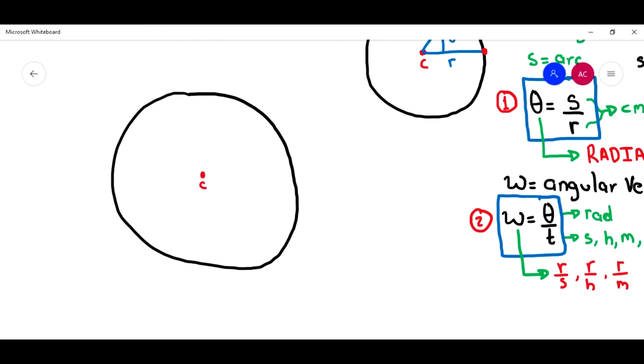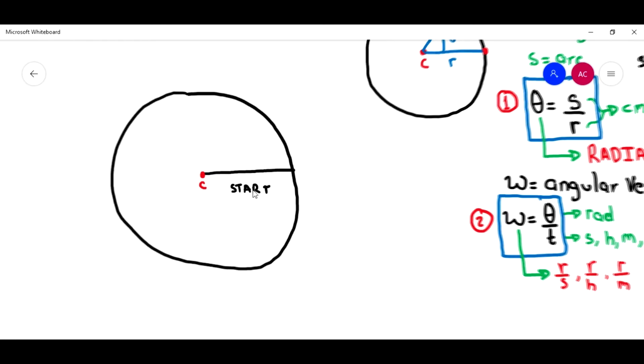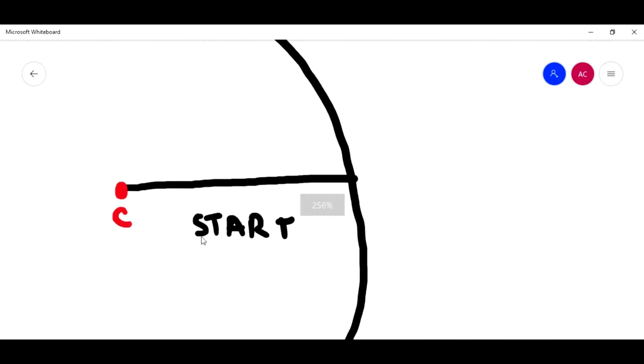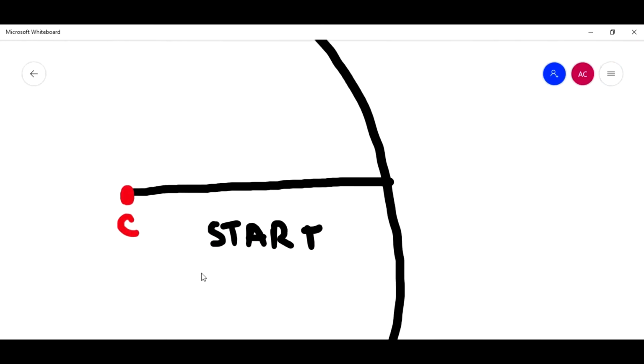And this line over here is the start line. Okay, the start. The cyclists are separated by 3 meters from each other. So I've got the first one, 2, 3, 4, and 5.